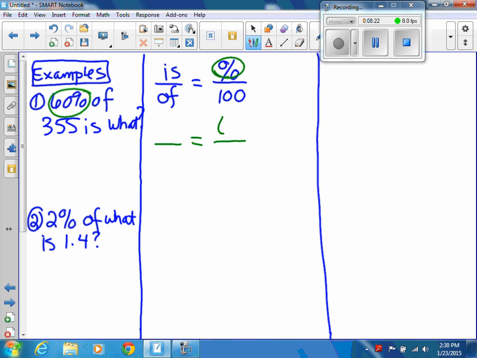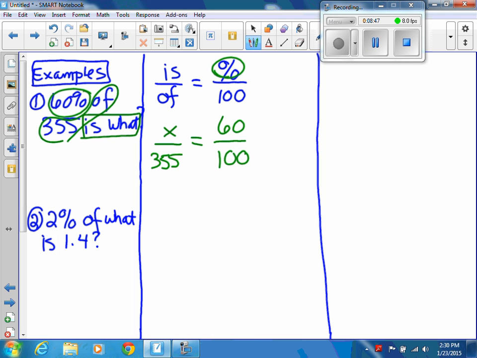So I have 60 over 100. And now I have a couple things. Of 355. So of 355 is actually the of part right here. So that's 355 on the bottom right there. And then I also have, oh, it says right here, is what. So is what, that's my x value right there.